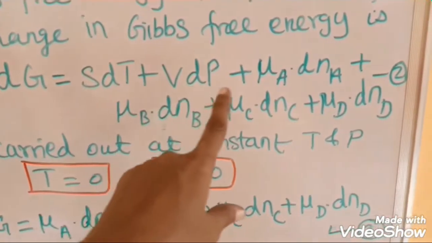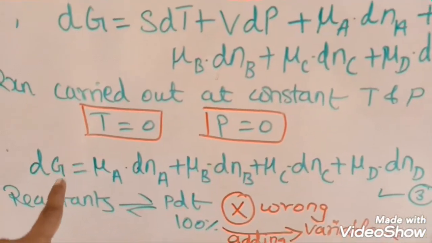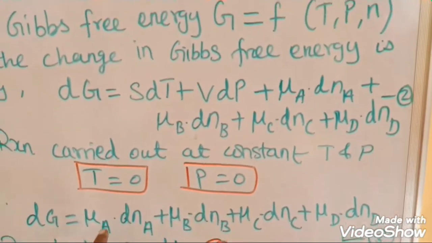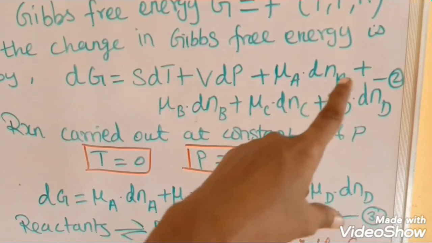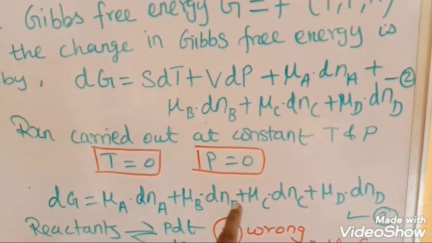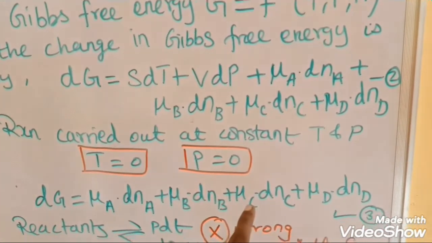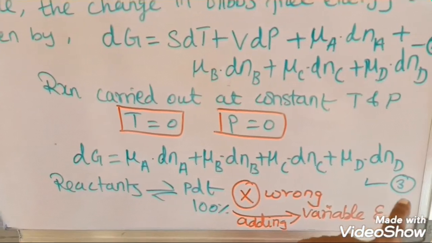Next you may write the remaining terms: dG is equal to mu A dNA plus mu B dNB plus mu C dNC plus mu D dND. This is equation number 3.